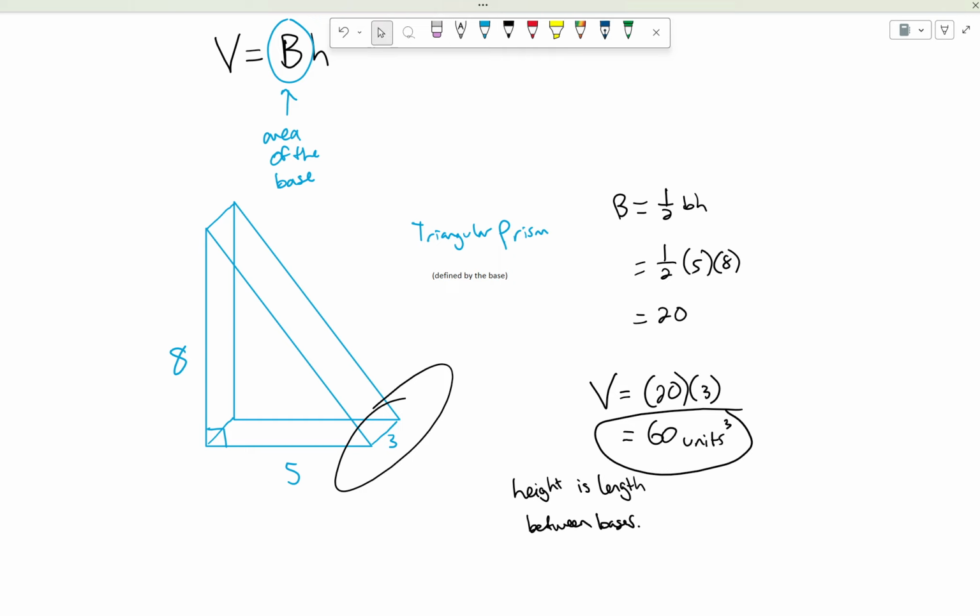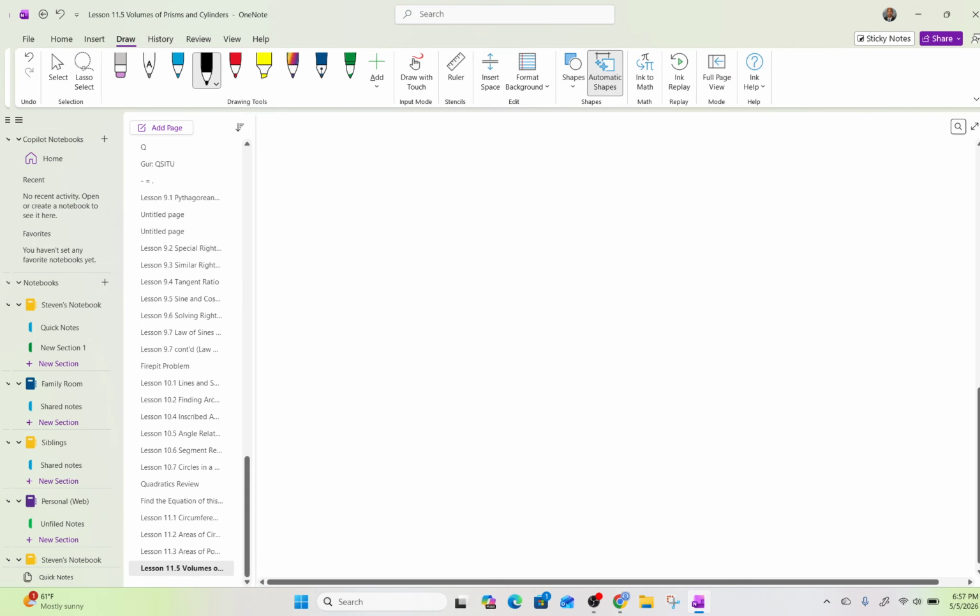Okay. Next, let's do a trapezoid. This one's going to be fun. All right. So we draw a trapezoid. Well, I want to draw a right trapezoid though. Okay, I'm going to clean this thing up. Let's try it again. See if the software doesn't fail me this time. There we go. That's a nice one. I'm going to draw the same exact one.